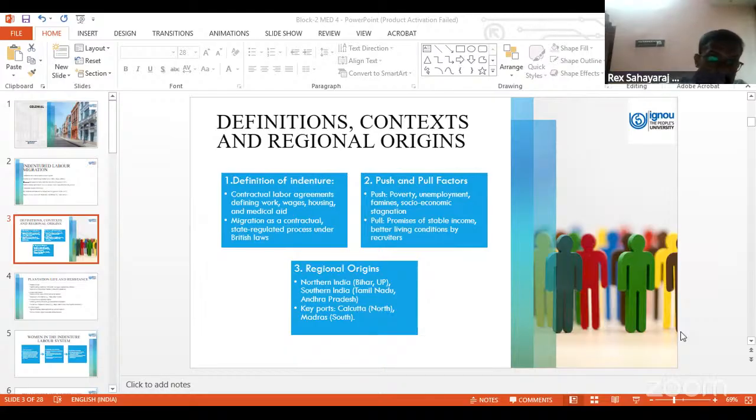If you see Malaya, it's mostly from the Tamil Nadu region. And you see St. Lucia, where the British government has moved people. Fiji, for example, there are around 60,000, nearly 70,000 people moved during the period of 1879 to 1916.